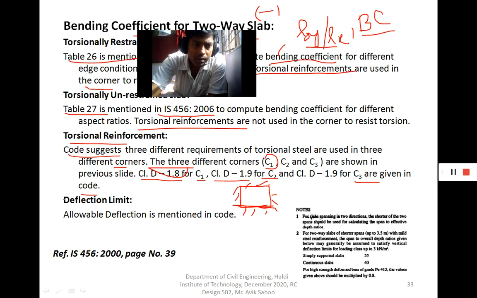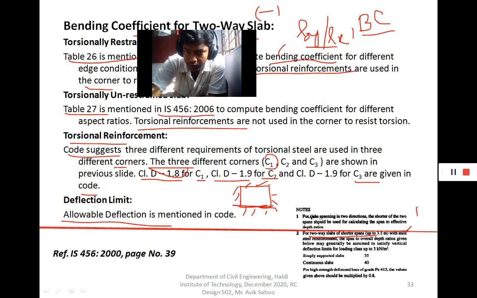Like beam, in slab also you have to check deflection. The allowable deflection limit is mentioned in code. You see that for a two-way slab of shorter span up to 3.5 meter with mild steel, that is Fe 250, the span to overall depth ratio is considered.